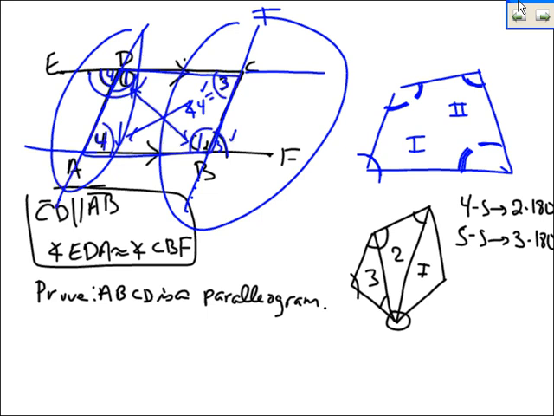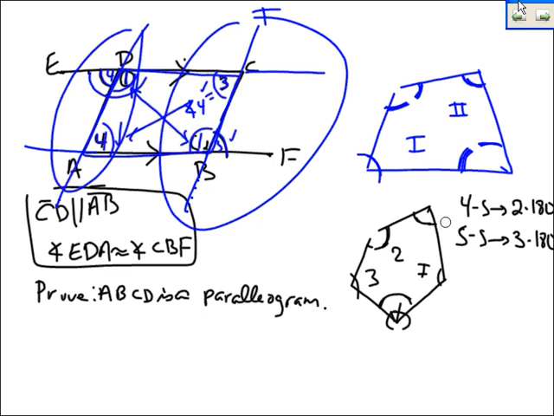There's 3 angles in triangle number 2. There's 3 angles in triangle number 1. They make up exactly the angles in the 5-sided figure. They make up exactly the 5 angles in the 5-sided figure.